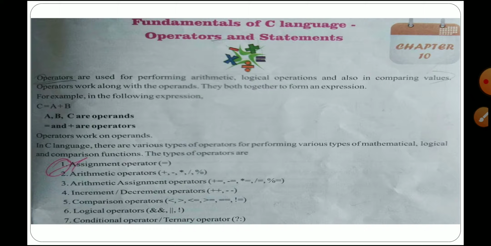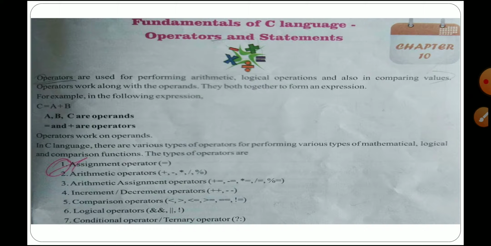So in C equal to A plus B, we apply the values of A and B and find the result in the variable C. So maybe you understand what operators and operands are.